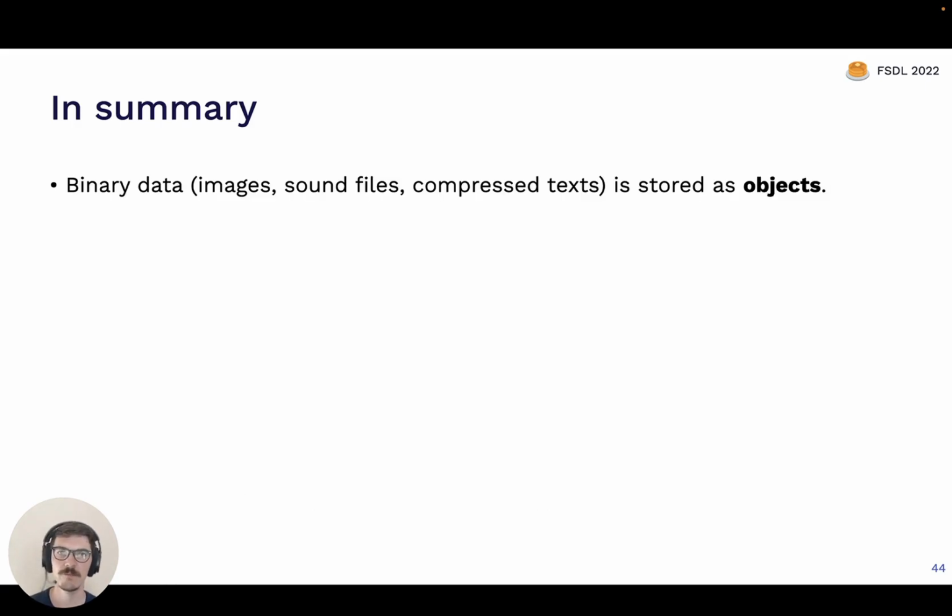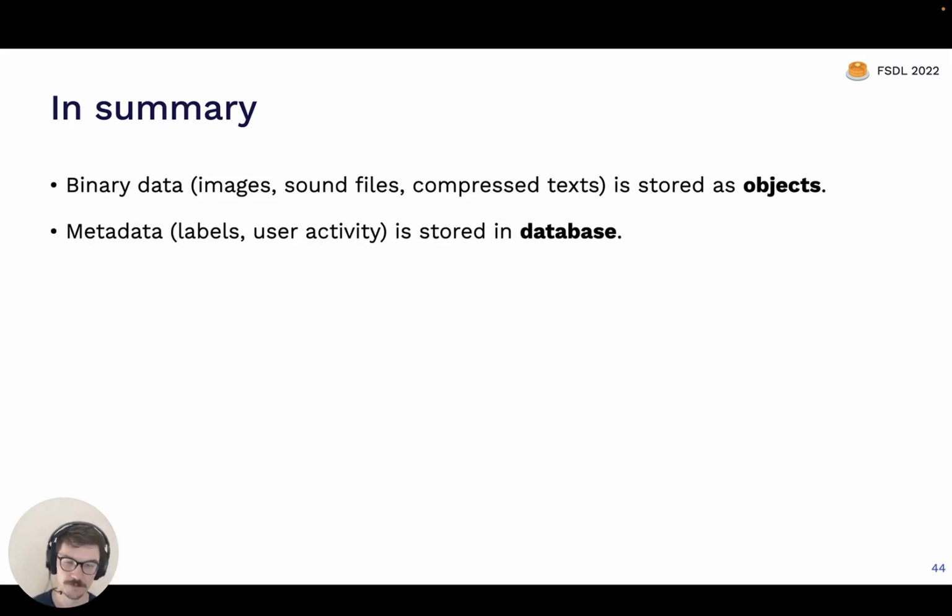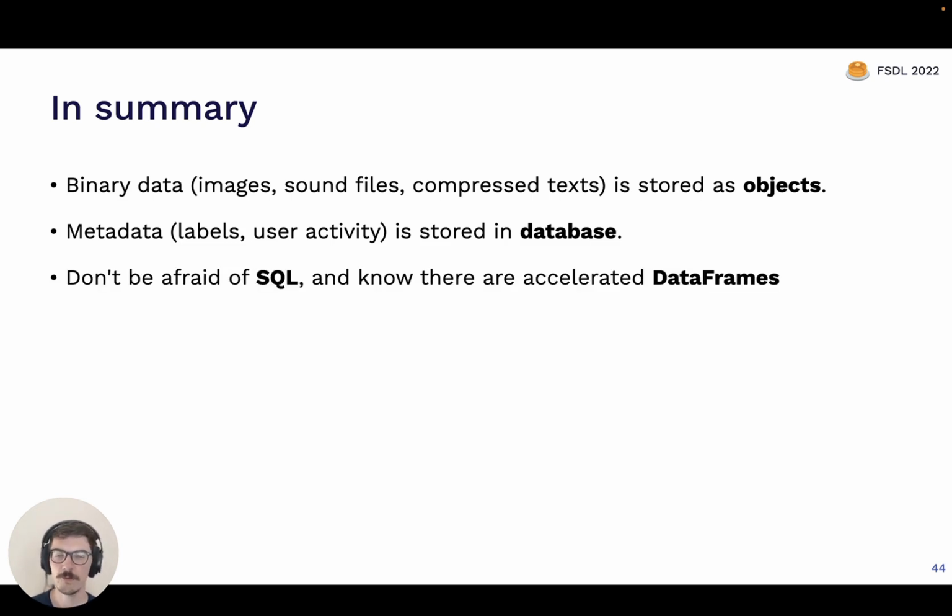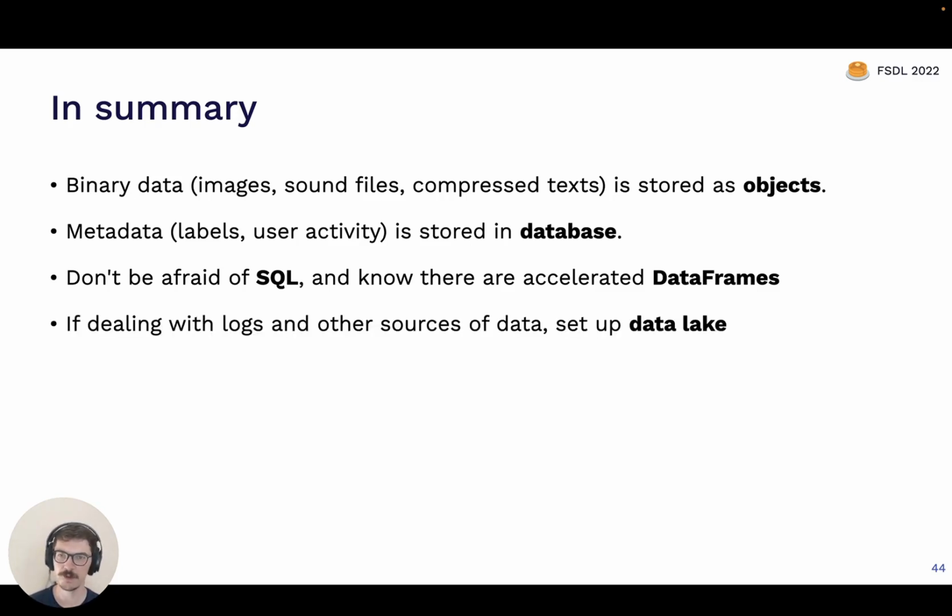In summary, binary data like images, sound files, maybe compressed text, store as objects. Metadata about the data, like labels or user activity, should be stored in the database. Don't be afraid of SQL, but also know that if you're using data frames, there are accelerated solutions for them.